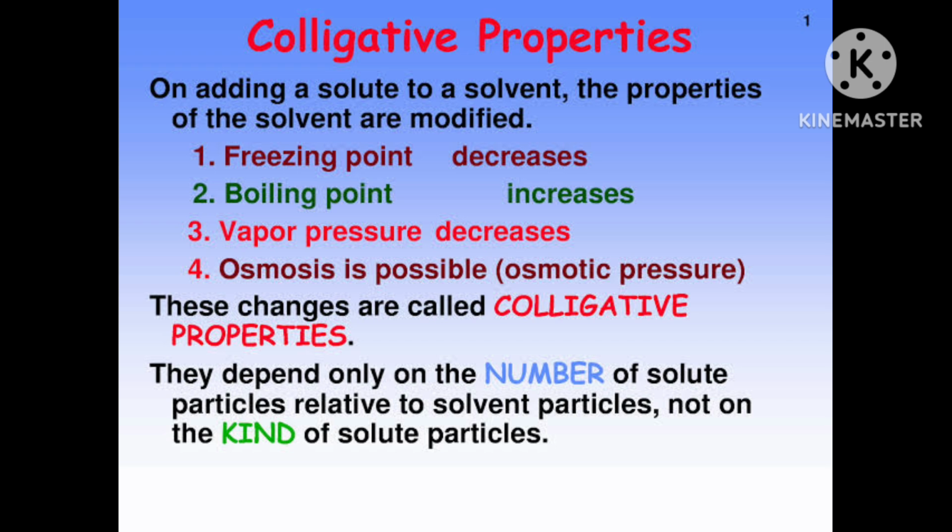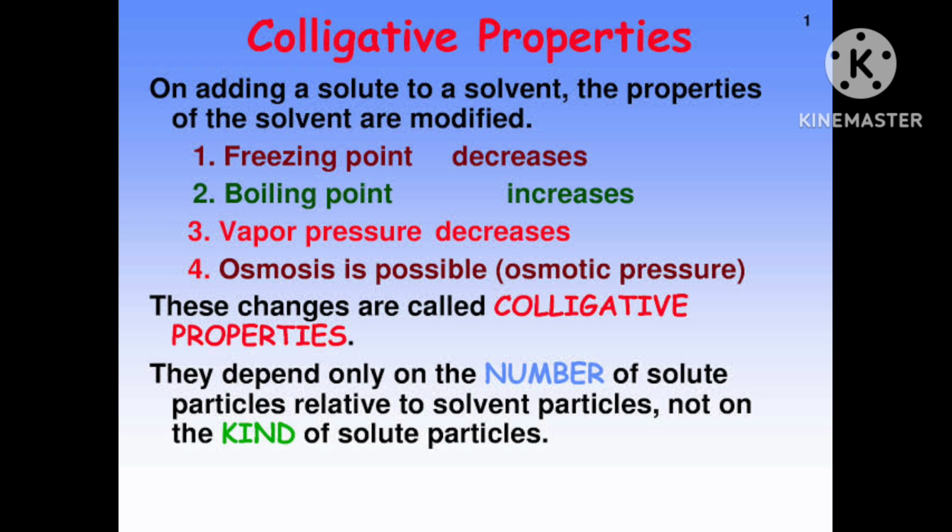Then P1 is equal to x1 into P1 naught. Now what does it become? Already P1 naught was there, and now minus P1. Putting the P1 value, it becomes P1 naught minus x1 into P1 naught, because P1 is equal to x1 into P1 naught.